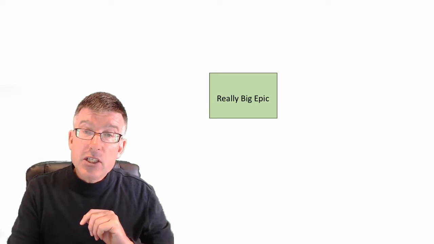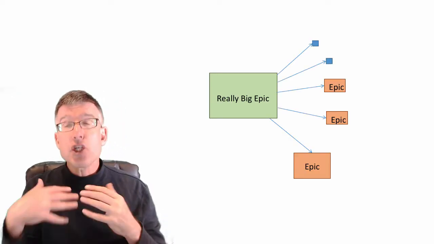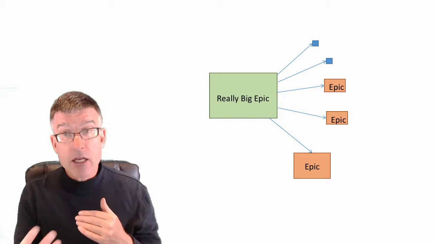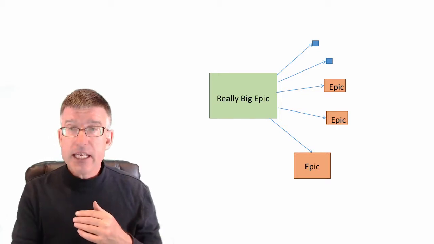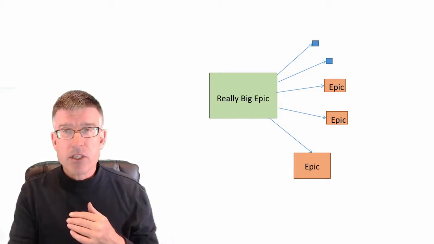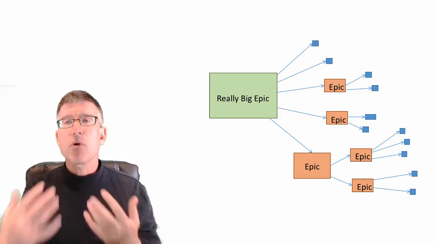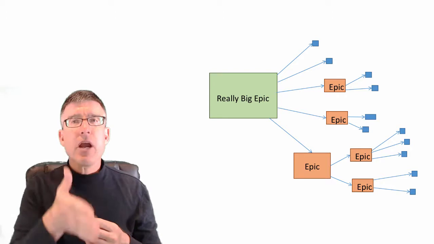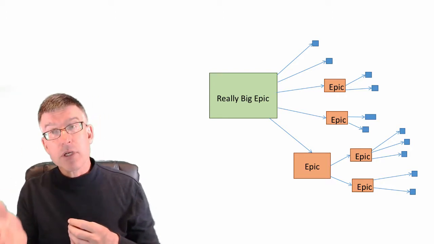So we can elaborate it into a number of child stories or smaller child epics, and each of those can in themselves be broken down. You can see there is a hierarchical parent-to-child relationship between stories.